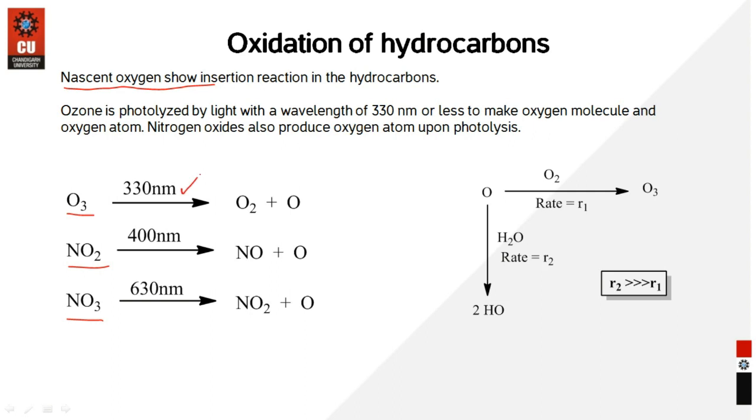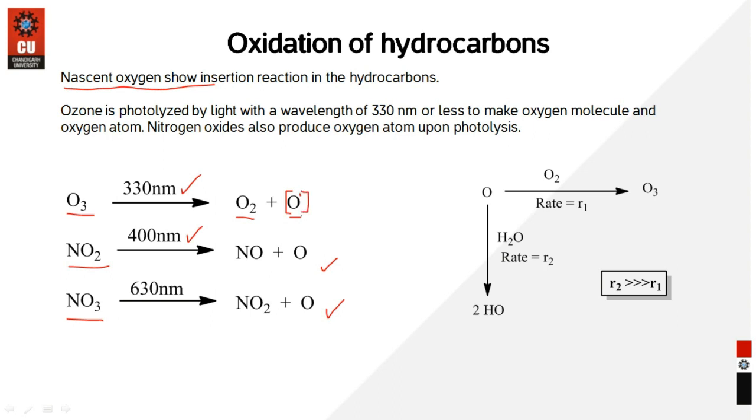If we photolyze it at different wavelengths, like ozone, if you irradiate at 330 nanometer, then it will be split into oxygen, O2, and an O radical, right? And so on. Similar in the case of NO2, similar in the case of NO3, right? And then this nascent oxygen, we can write it like this.